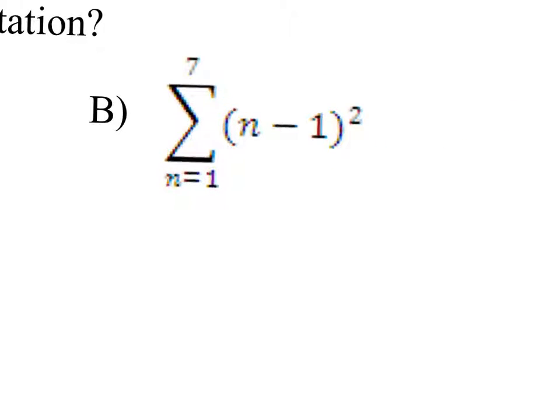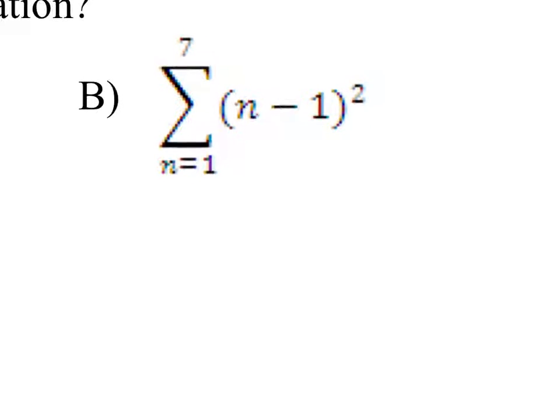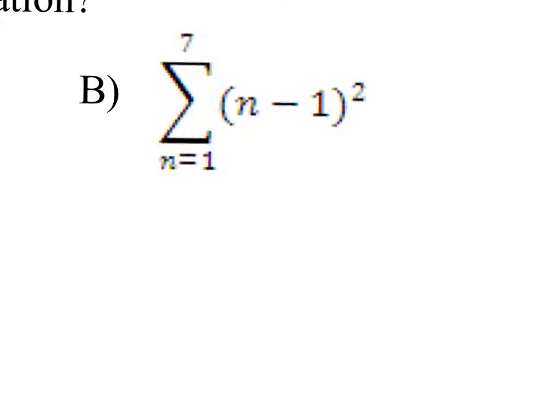Second one. When I'm looking at this, it is not arithmetic. This is actually geometric. So what I have to do is figure out what the first 7 terms are and then add them all together. I'm going to go 1, 2, 3, 4, 5, 6, 7.